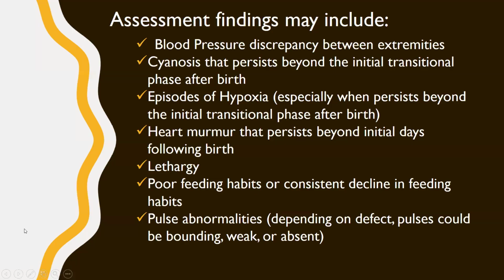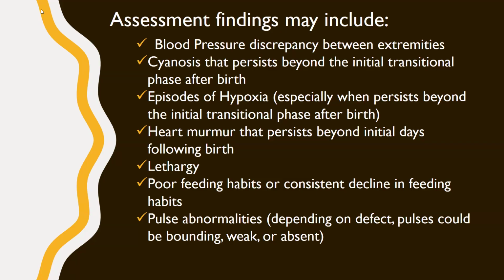So assessment findings may include blood pressure discrepancy between the extremities, cyanosis that persists beyond the initial transitional phase after birth, episodes of hypoxia, especially when it persists beyond the initial transitional phase after birth, heart murmur that persists beyond the initial days following birth, lethargy, poor feeding habits or consistent decline in feeding habits, and pulse abnormalities.